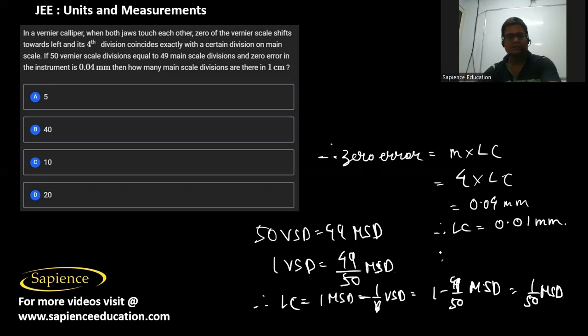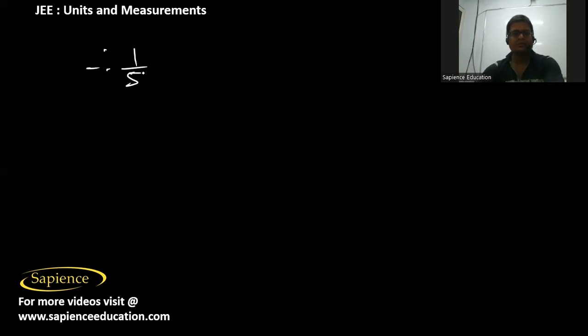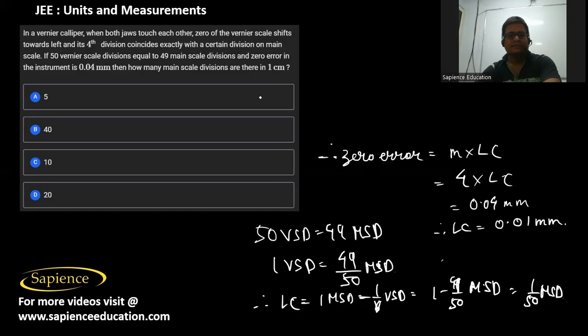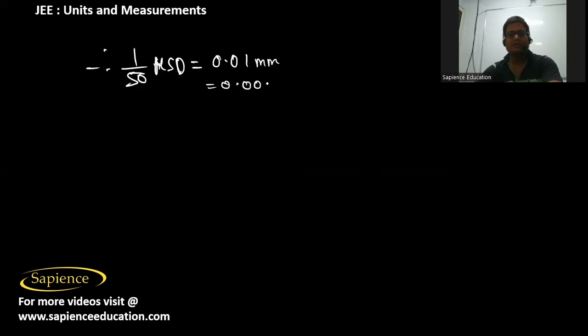Therefore 1 by 50 main scale division is equal to the least count, that is 0.01 millimeter, that is 0.001 centimeter. Therefore, one main scale division is equal to 0.05 centimeter.